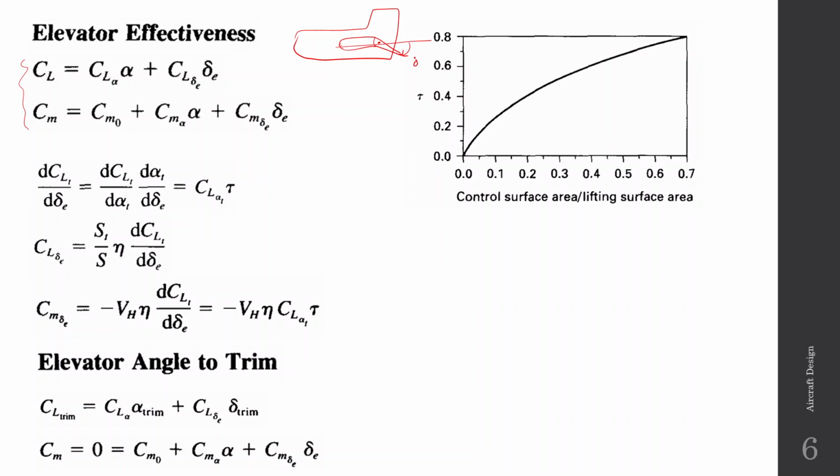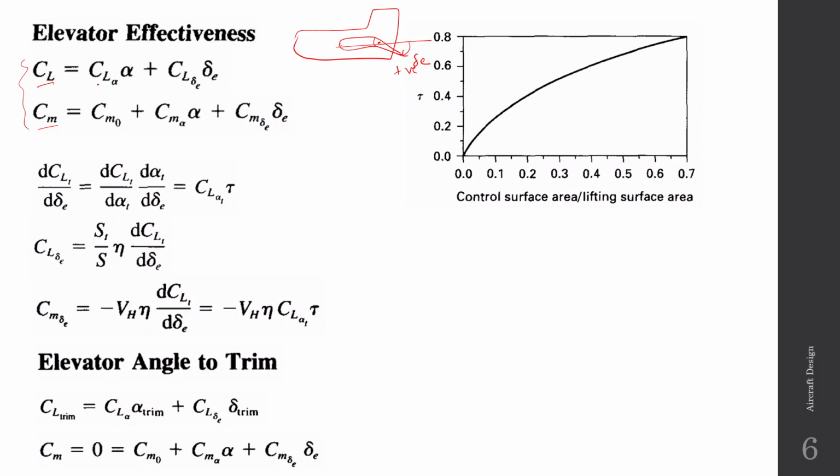Now when the elevator deflects down, it is a positive delta E. When the elevator deflects, it causes a change in the lift coefficient and the moment coefficient. It primarily affects these two coefficients, and we can linearize the effects like this.